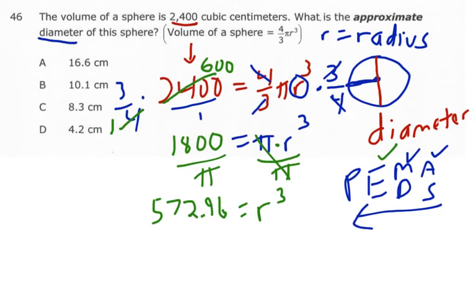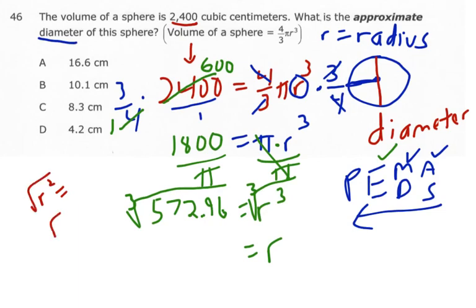Now it's not division, it's taking the cubed root. So the cubed root of 572 is what we're looking for. And that's going to give us what r is. And what would the inverse of squaring something be? That's right. If it would have said r squared, then we would have had to take the square root to solve for r.